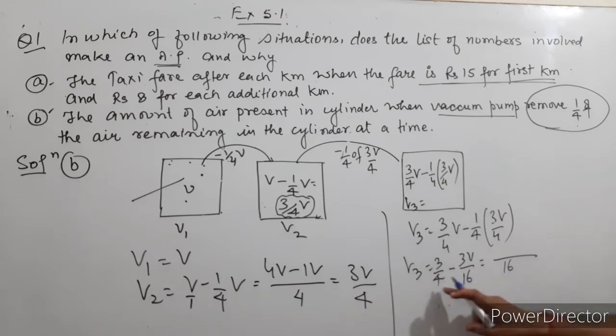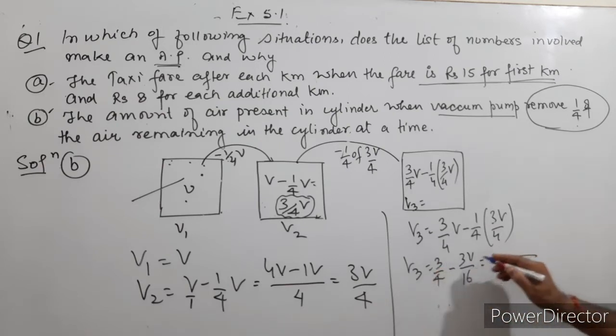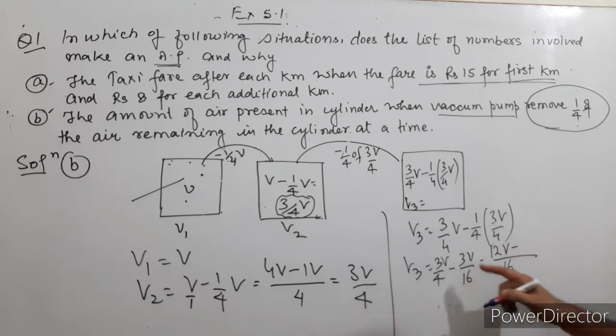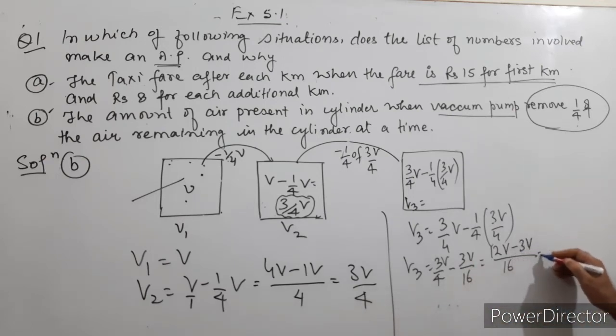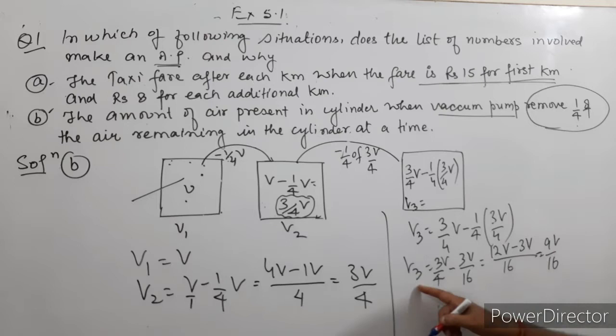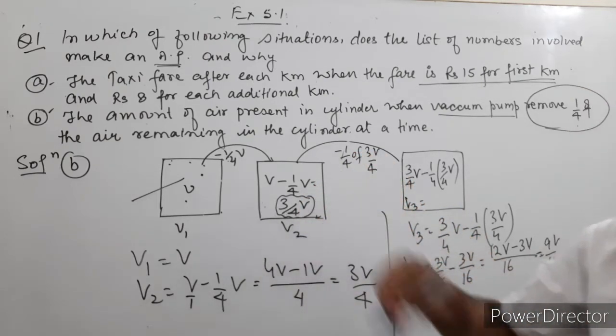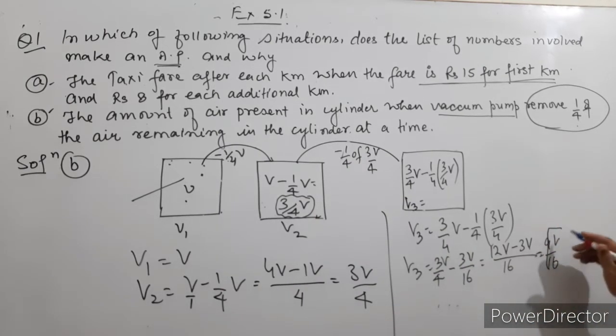LCM of 4 and 16 is 16. 16 divided by 4 is 4. 4 multiply 3, 12V, minus 16 divided by 16, 1 multiply 3V, 3V. And your answer is 12V minus 3V is equal to 9V upon 16. This is the volume of air inside the cylinder after removing 1 by 4 of the remaining. And this is V3, 9V upon 16.